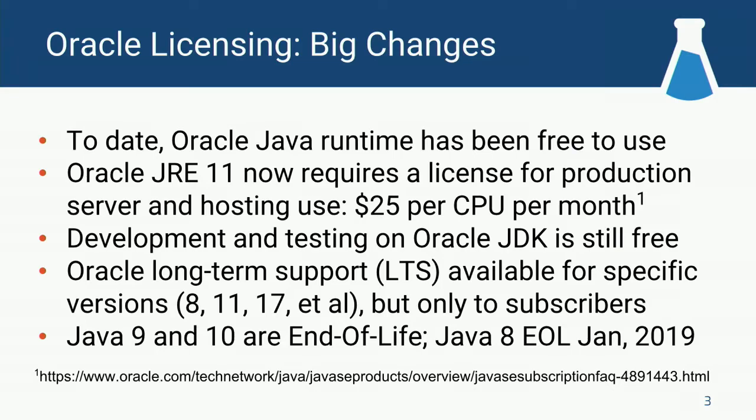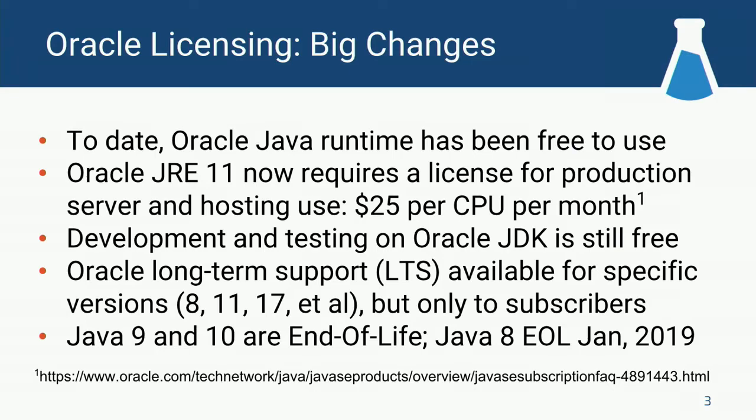But like I said yesterday, I don't see any exemptions for being an academic organization, a nonprofit, or doing research. Basically, they say if you're using it in production, you have to pay this fee. Now, some good news: development and testing on the Oracle JDK is still free. It's really just production use, however exactly they define that.